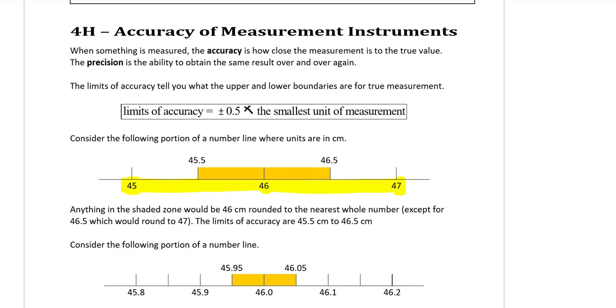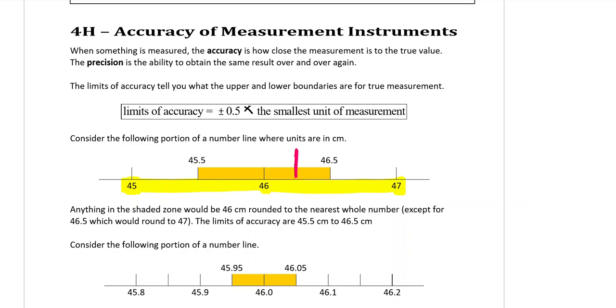So when you look at that really, really big as it is, if you happen to have a measurement that was exactly on the 46, we know it's on 46. But in real life, things aren't always perfect measurements, and you might find you actually had something that might have been looking like it was about here.